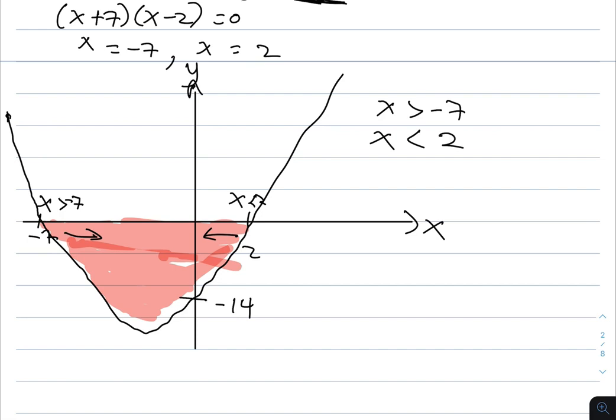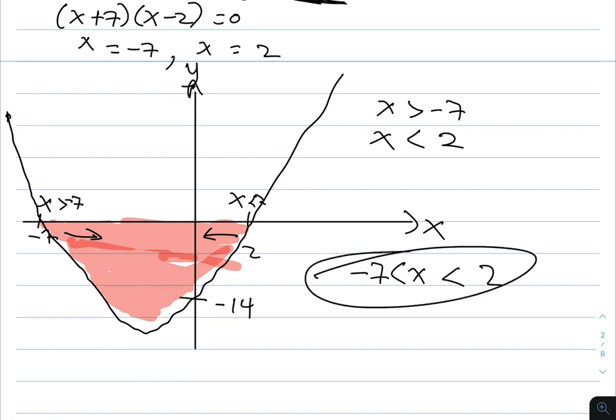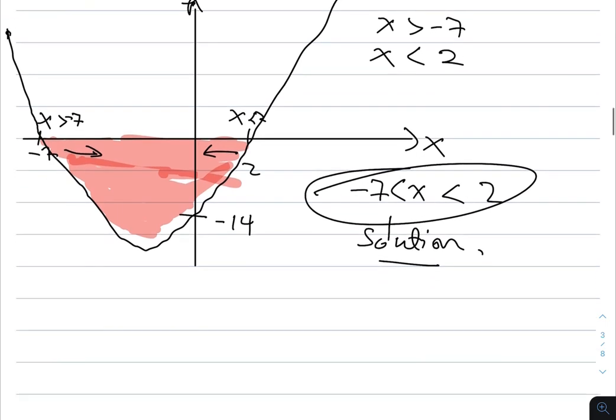Can we put this together? So you have x is less than 2, then x is greater than negative 7. You can put the two together to become nice like this. That's also fine, right? So these are the true solution. When you sketch, it's easier. So easy.